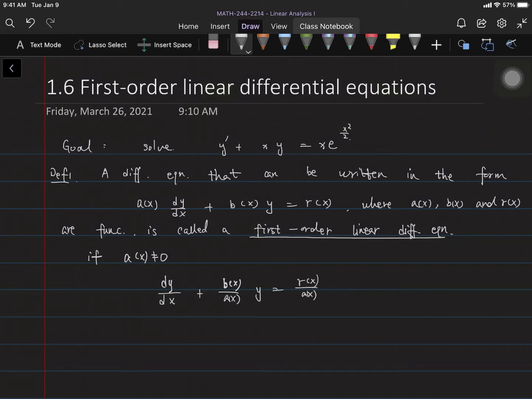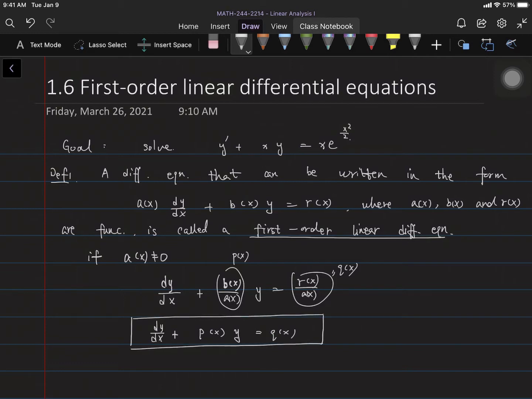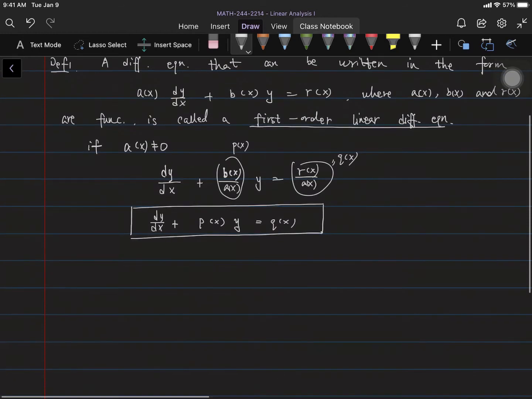Usually we write in this form: dy/dx plus p(x) y equals q(x). So we make this to be p(x), and this to be q(x). We call this the standard form of the first order linear differential equation.